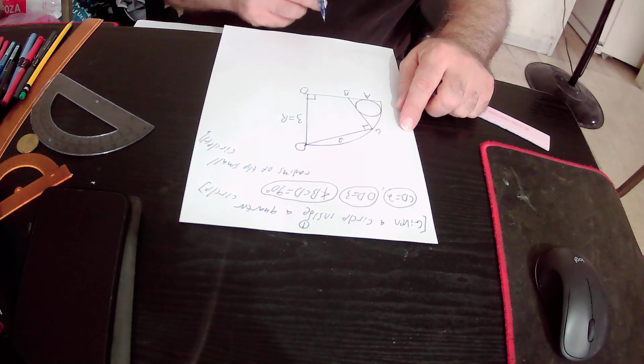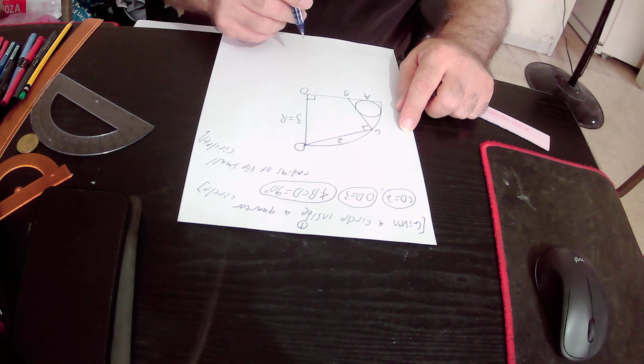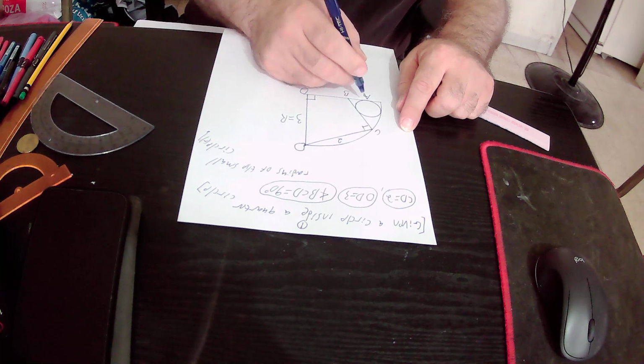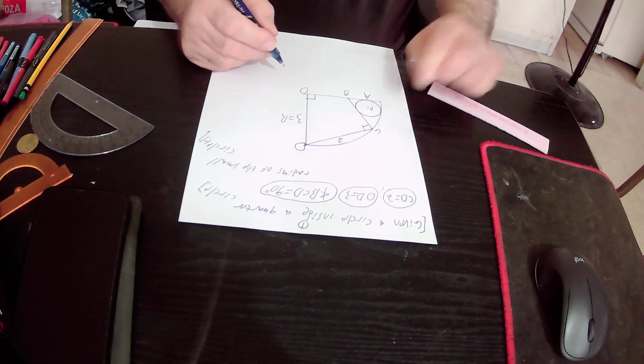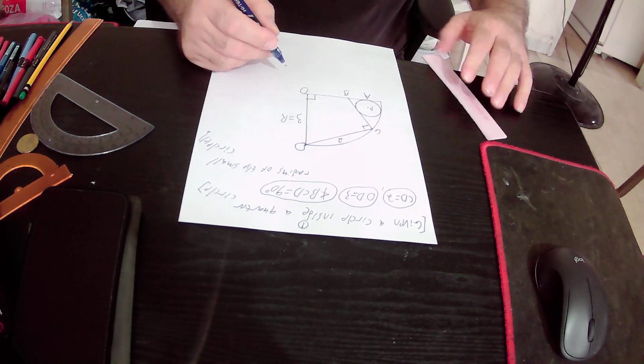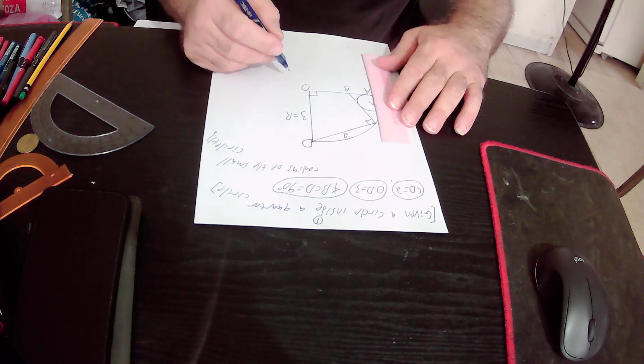So first of all, we will define the center of the small circle as P, and then we will join together points A and P by a straight line.